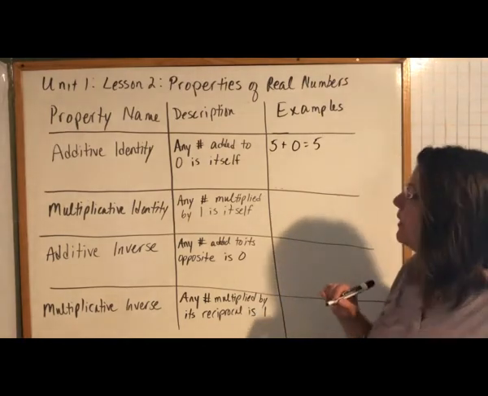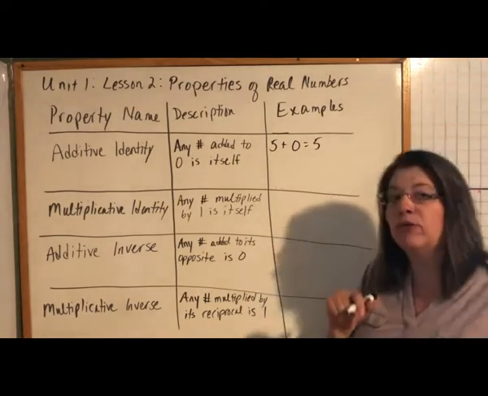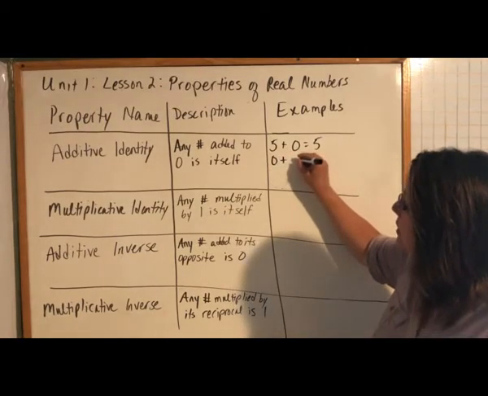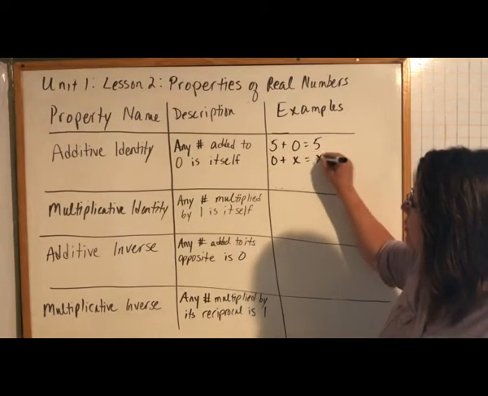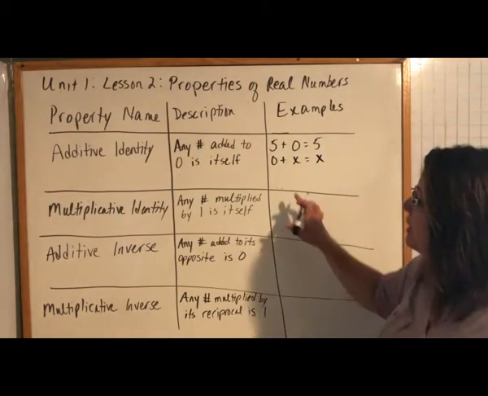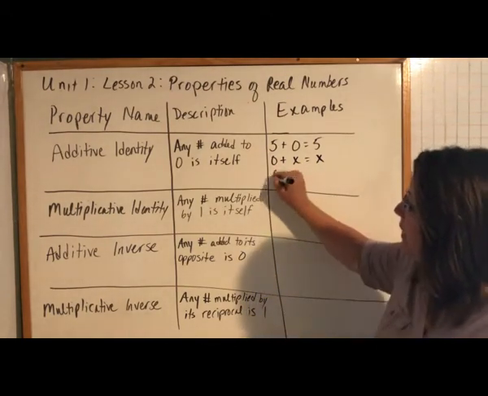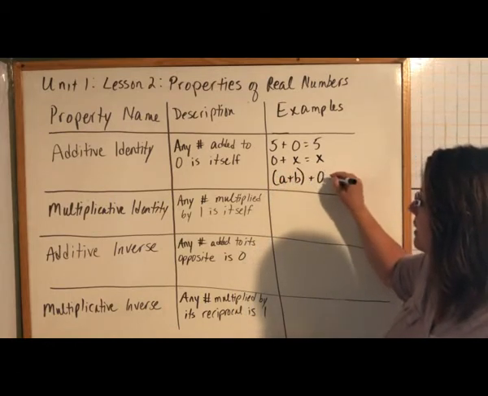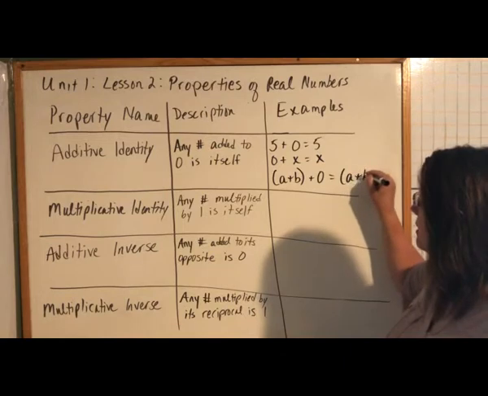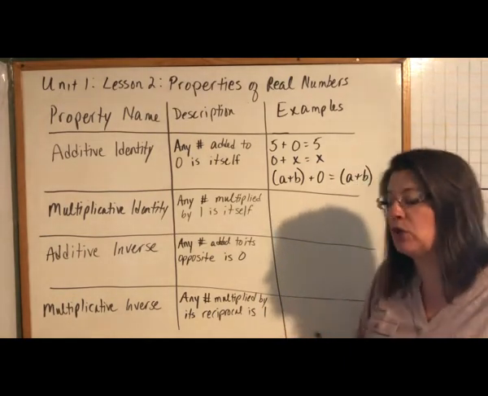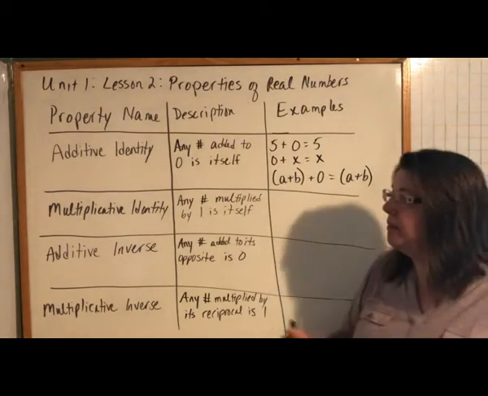We could have that switched around, with the 0 first. We could use variables, so something like 0 plus x equals x. Anything plus 0 is itself. You could also have a mathematical expression added to 0, like a plus b plus 0 is a plus b itself. So there are a whole bunch of variations of additive identity that you could have.